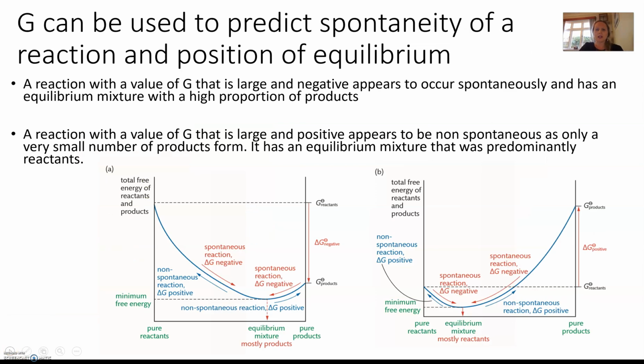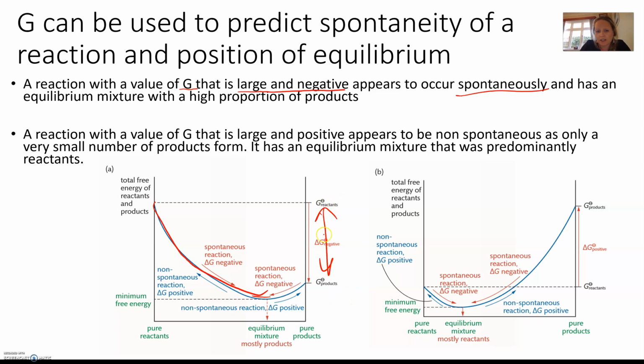So we can use G to predict the spontaneity of a reaction and the position of equilibrium. A reaction with a value of G that is large and negative, we already know from previous work, is spontaneous, okay? But the part we can add in from looking at this graph is that we're looking at the difference between products minus reactants.